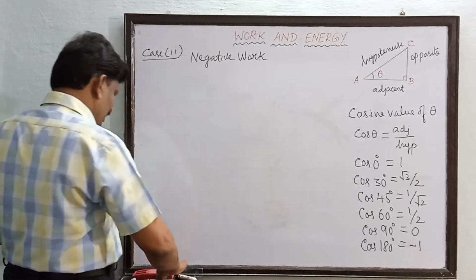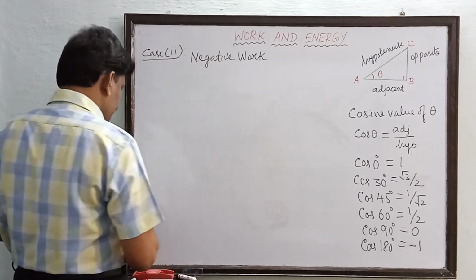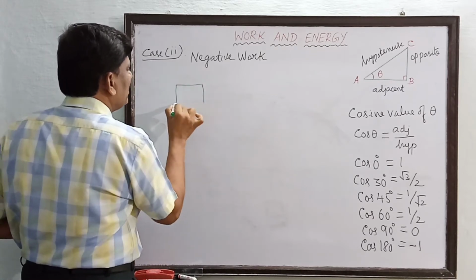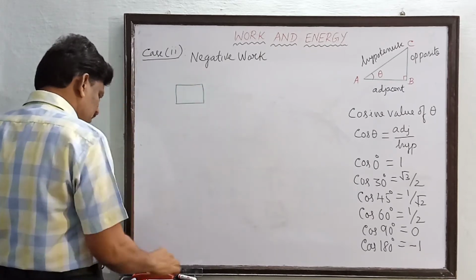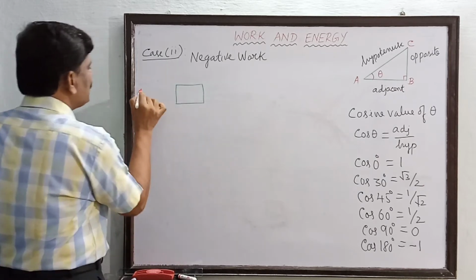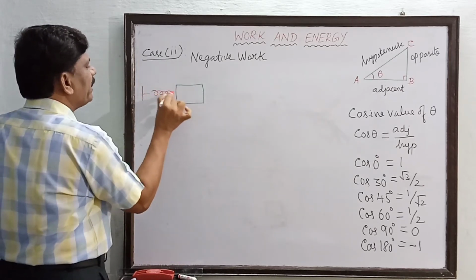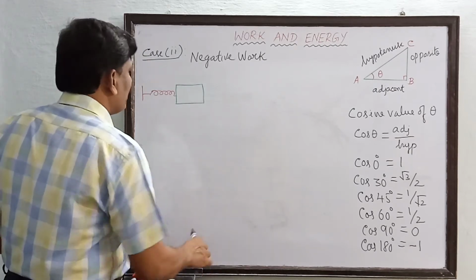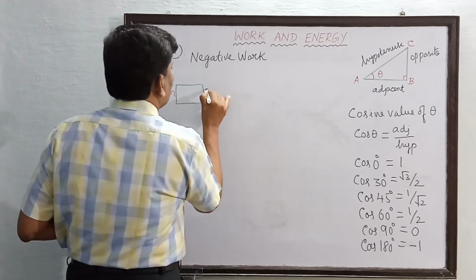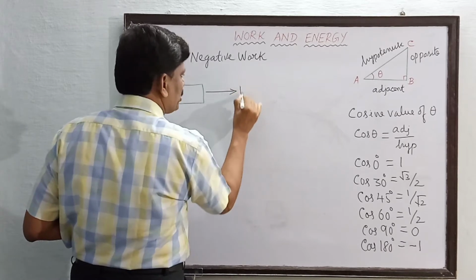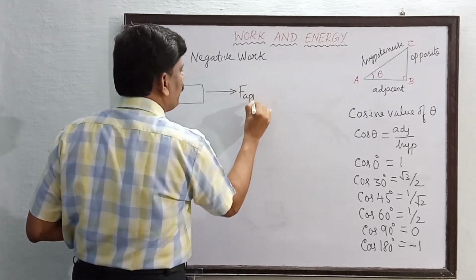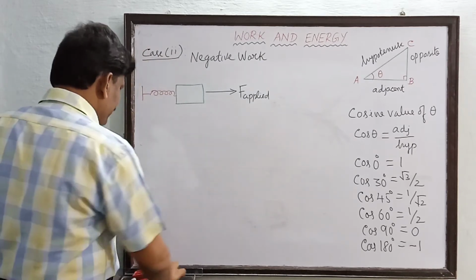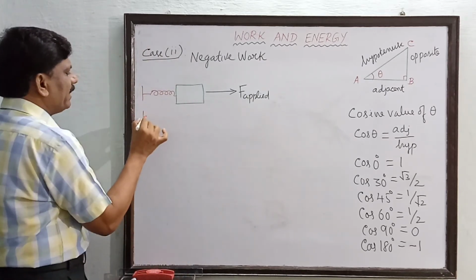So for example, I will consider this is an object which is tied to a spring. Suppose I apply a force in this direction. So this is called the applied force. When I apply a force, the spring gets stretched.